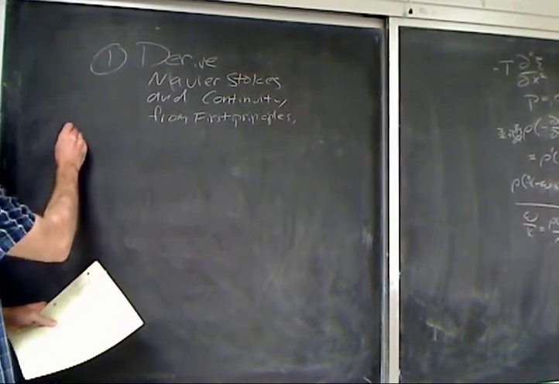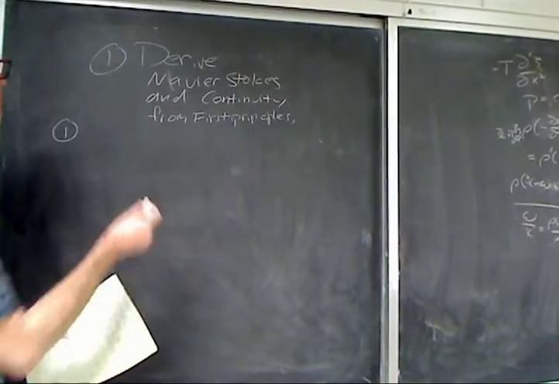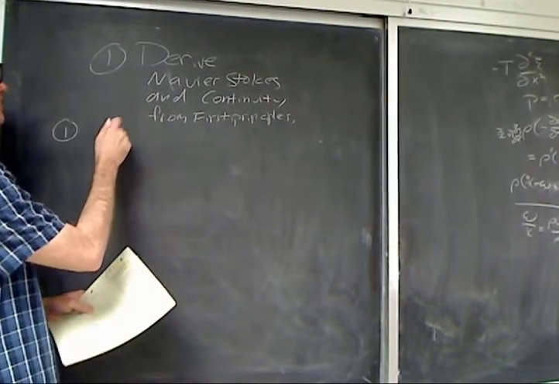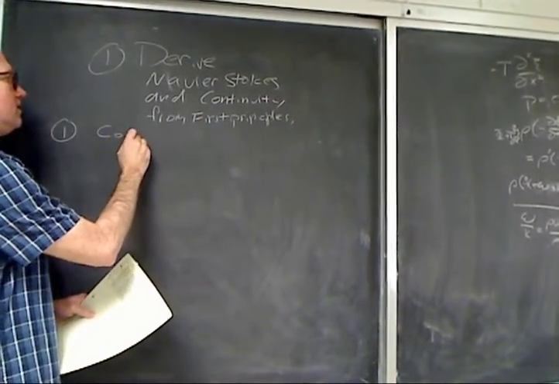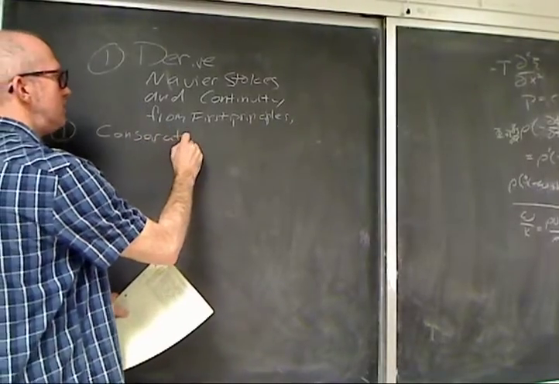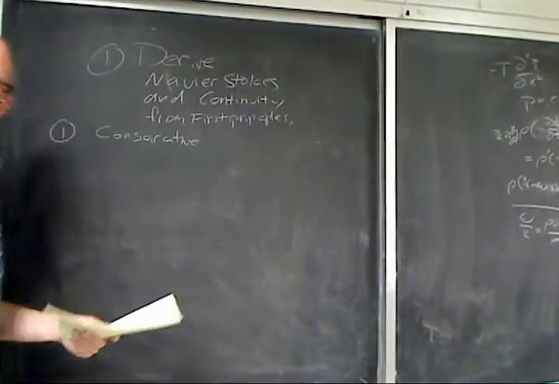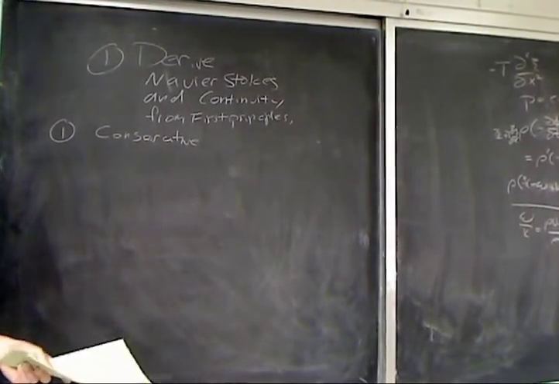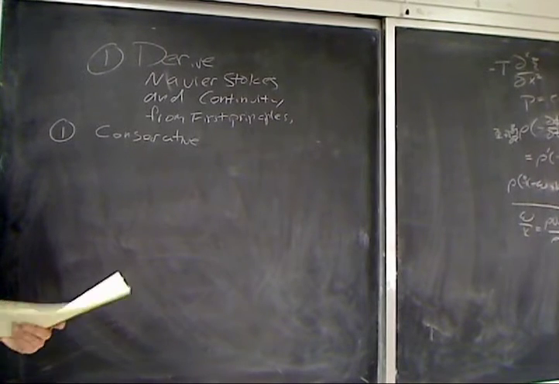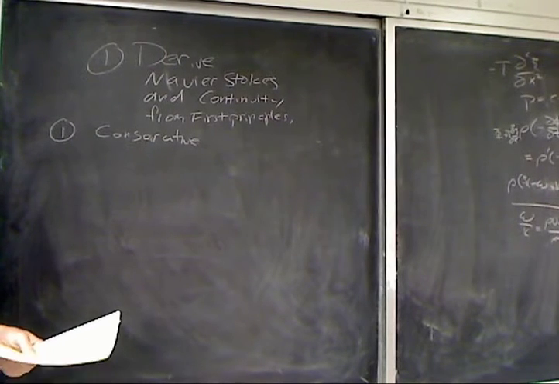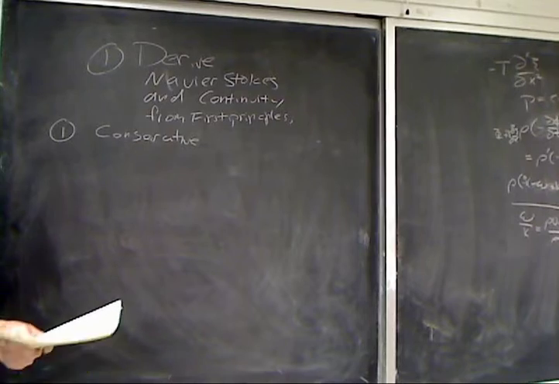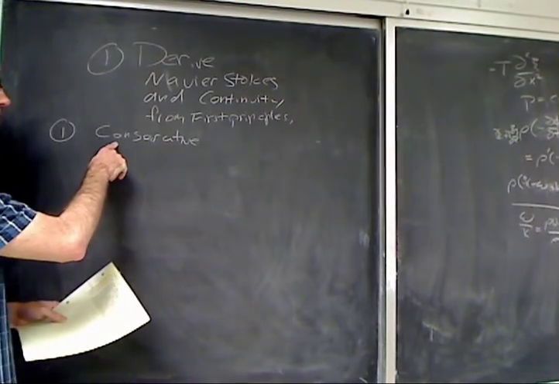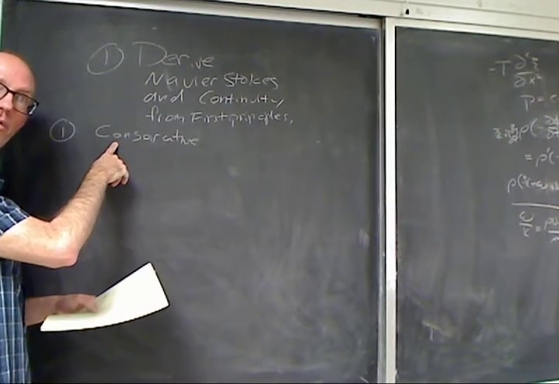So we did a lot of turning things into conservative form. We did it with the total energy, we did it with the momentum. I'm not going to ask you anything that's going to take you longer than like 10 minutes to derive. But make sure that you understand how those derivations go.